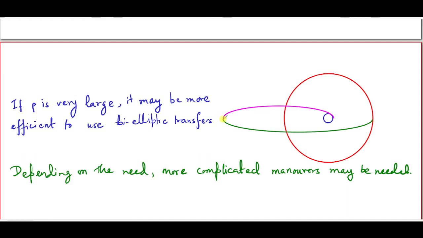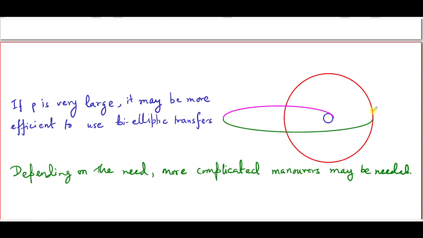Then you apply a further boost to send it into a larger elliptical Hohmann-like orbit, which ultimately has its apogee on the larger circular orbit. And of course, once you reach this point, you once again have to use the thrusters in order to send the particle or satellite in this larger orbit.